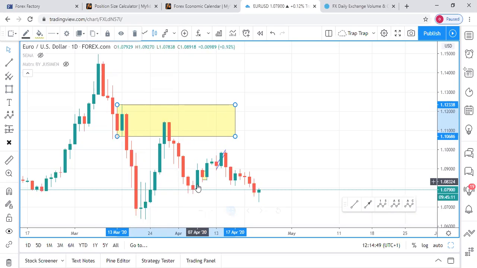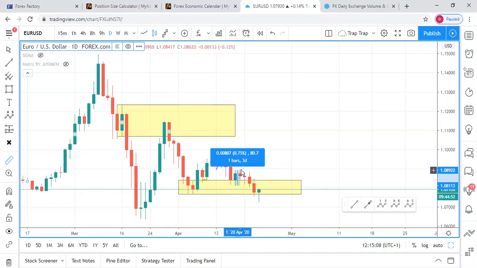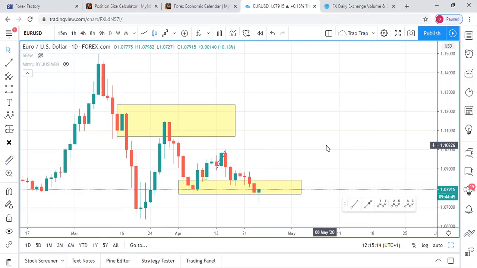Notice price pushed up and engulfed this one. We'll block this zone. When price came back the next time into it, what did it do? It went up, even if it didn't go up too far, but it went up, right? This small push up here on the daily is 82 pips, right? So that's basically what it's all about.